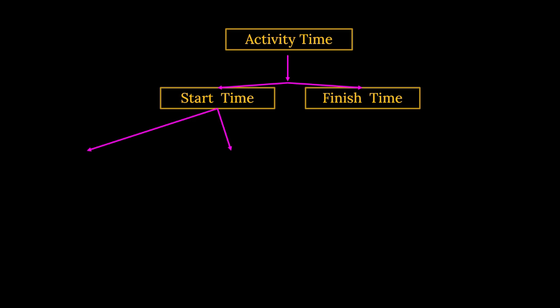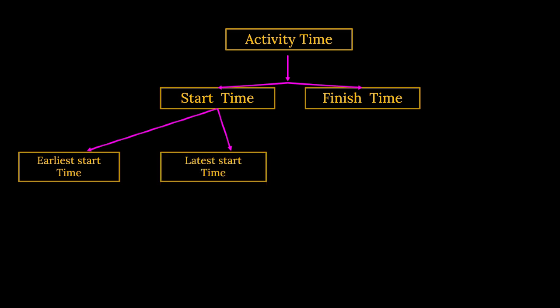So these are two approaches. Depending on that, start time can be divided into two. One is the earliest start time. That means if you are starting on day 0, that is the earliest start time, and depending on that, how much are you going to take? 4 days only. Depending on that, the latest start time, you can start after 3 days, because you know within 7 days the work has to be over.